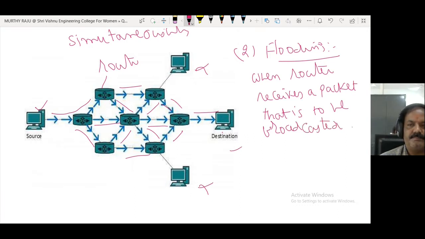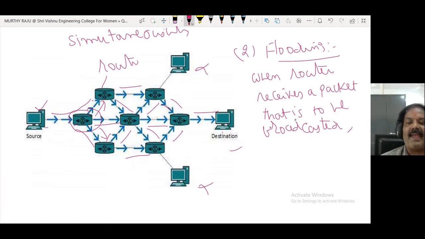The router receives packets from the source, and the router broadcasts its packets to the neighbor nodes in this way and in this way. That is called flooding.